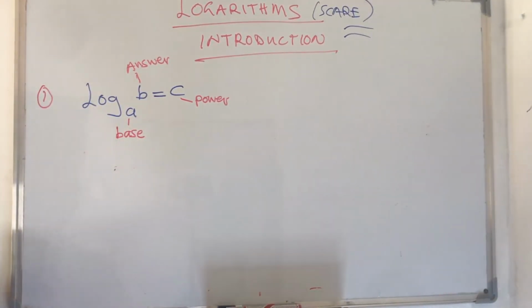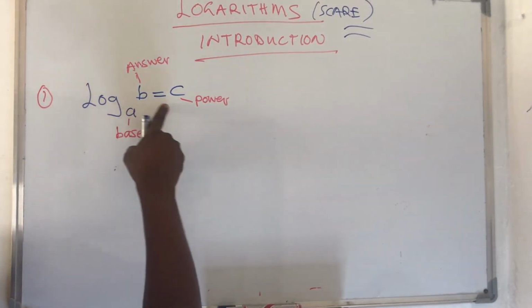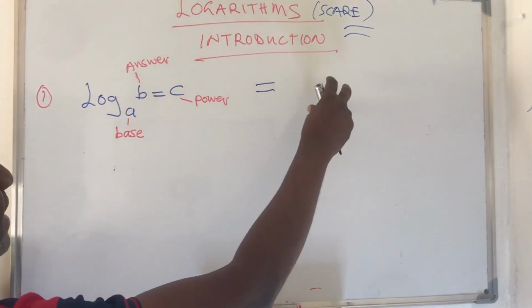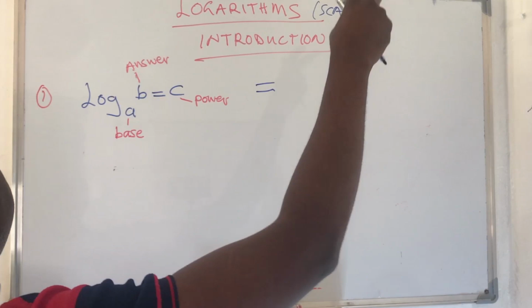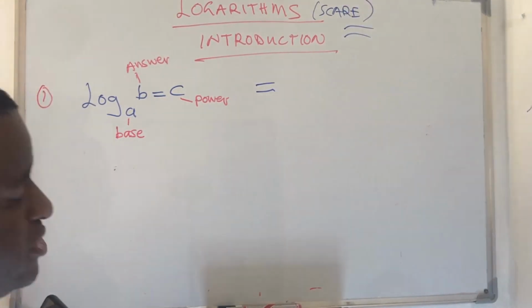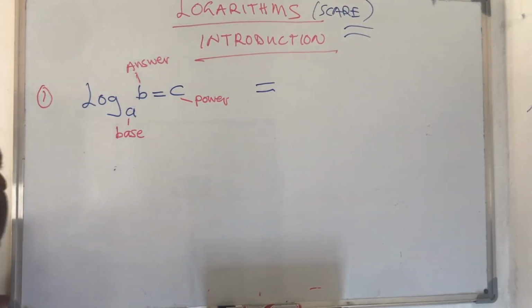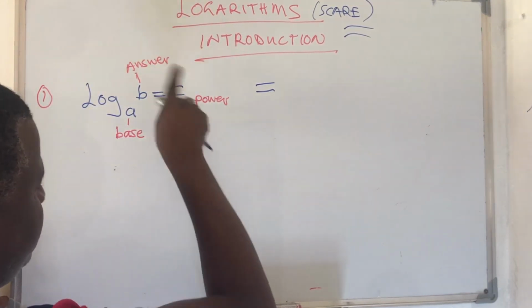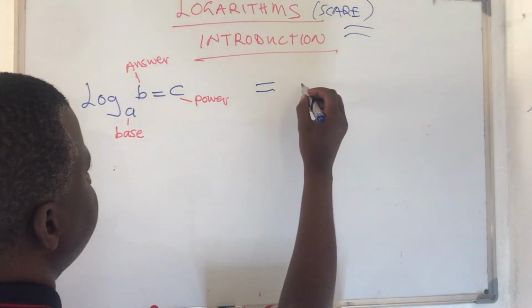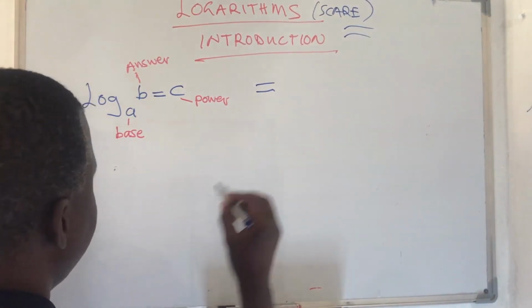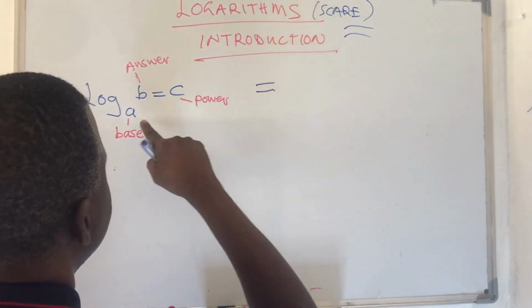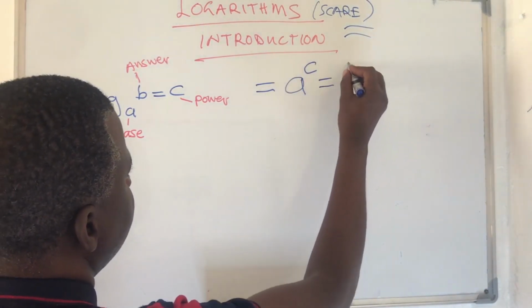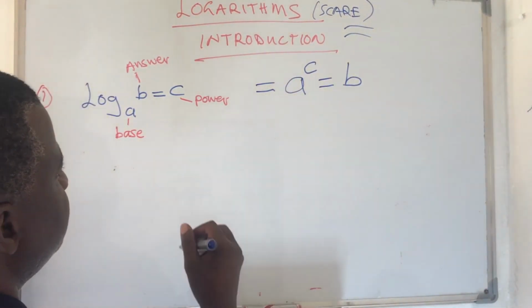But before we do that, I would like you to look at this, and then we want to turn it into an exponential expression, isn't it? So we have the base, we have the power, and we've got the answer. So this same thing here can be written as, because this is the base, a to the power c is equal to b.